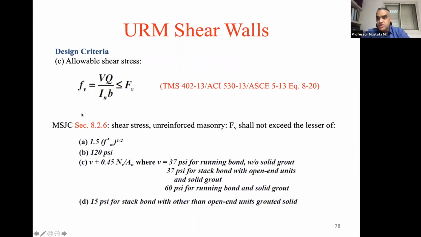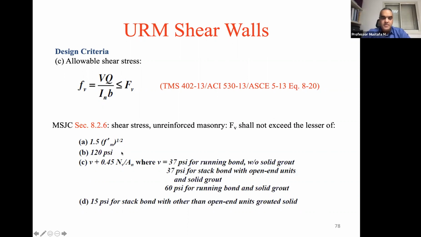And we need to check also the shear stresses, right? This is a shear wall. So we have to check that the shear VQ divided by the net moment of inertia times b is less than or equal to the allowable shear stress, and the allowable shear stress is given here, section 8.2.6. For unreinforced masonry, it shall not exceed the lesser of what's shown here.